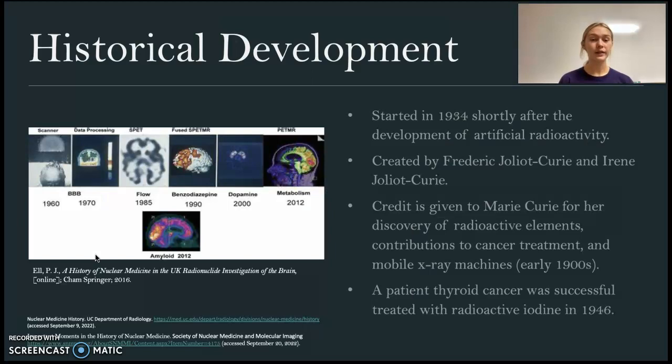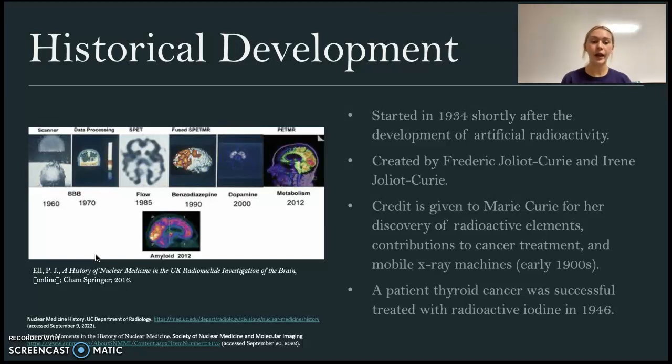For historical developments, it started in roughly 1934 after the development of artificial radioactivity. It was coined by Frederic Joliot-Curie and Irene Joliot-Curie. However, Irene's mother, Marie Curie, is most credited for her discovery of radioactive elements, her contributions to cancer treatment, and her mobile X-ray machines, which were used in World War I in the early 1900s to detect where bullets or different shrapnel were in soldiers.